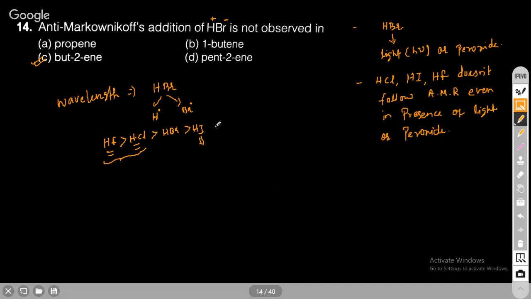But since iodine has a bigger size, the two iodine radicals combine again and form an iodine molecule, I2, right? That is why HF, HCl, HI do not show anti-Markovnikov addition even in presence of light or peroxide. Okay, simply you have to memorize this.